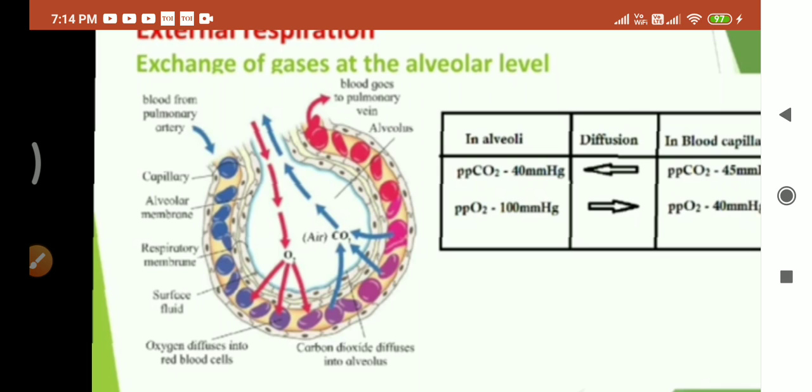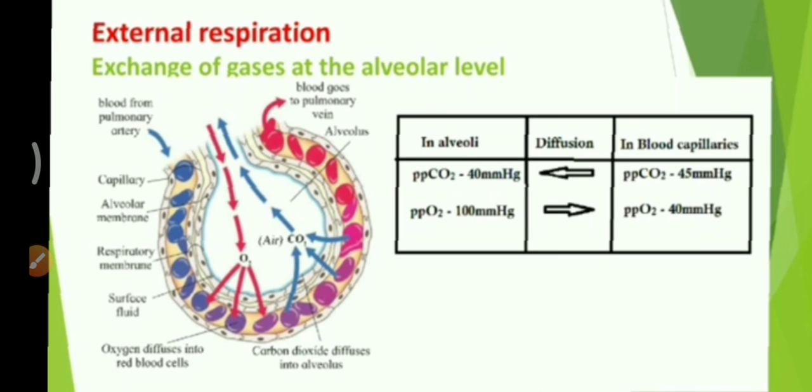Here only the partial pressure difference drives the diffusion process, and the oxygen diffuses into the blood, is trapped by RBCs, and turns red. Then carbon dioxide, the waste material, is excreted or exhaled from the alveoli to the environment. I hope this whole concept is clear to you.